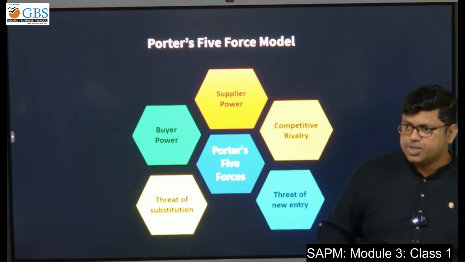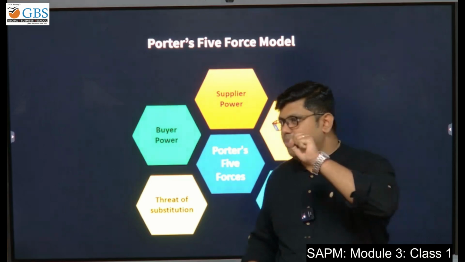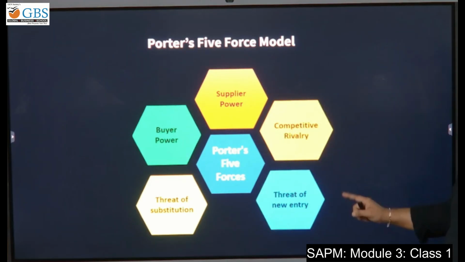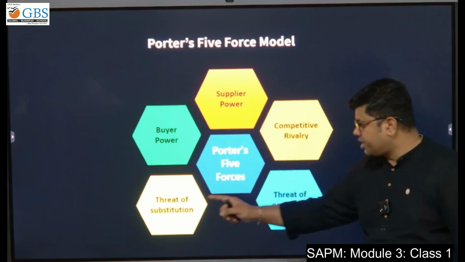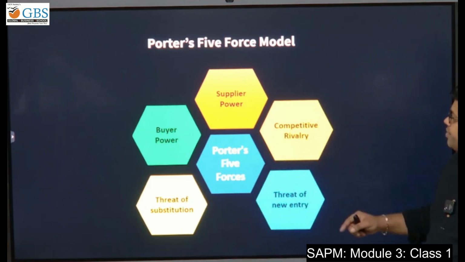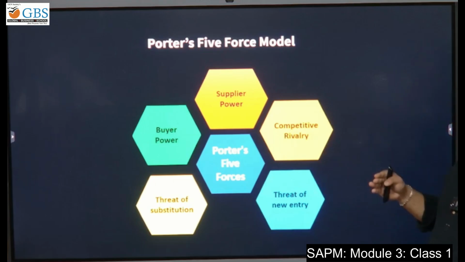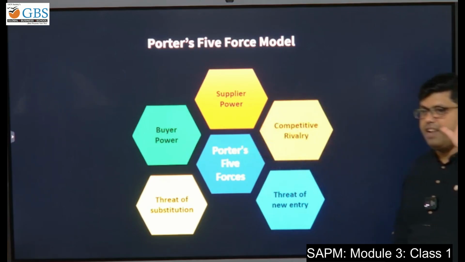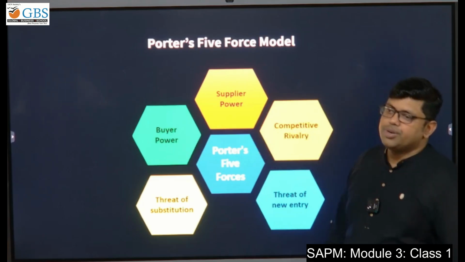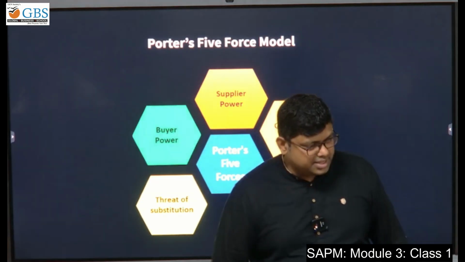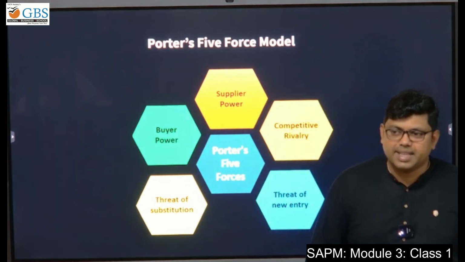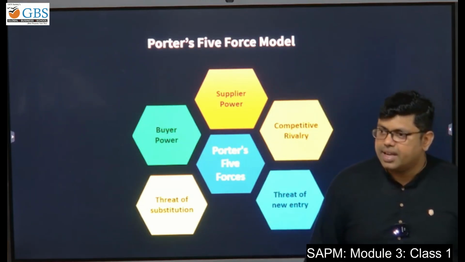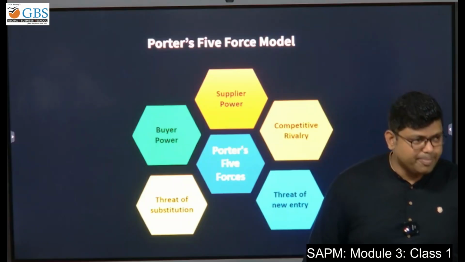Are you understanding? So the five points. The first one is threat of new entry, threat of substitution, competitiveness in that industry, supplier power, and buyer power. These 5 points. So while doing industry analysis, you'll be finding the industries in a given list of industries available.